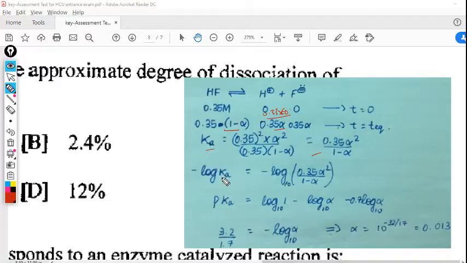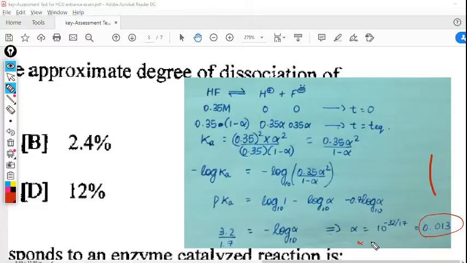So minus log of Ka is equal to pKa. If I add minus log on the left side, we need to add it on the right side. So by substituting the values and simplifying, we are going to get 0.03, which is the alpha.